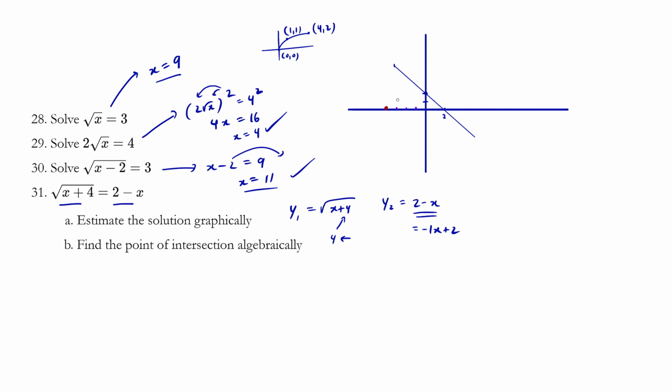You go 1 right, 1 up. This here is going to be another point. So we have negative 4, 0. We have negative 3, 1. And the next point is from the beginning, 1, 2, 3, 4 right, 2 up. It's going to cut through here.